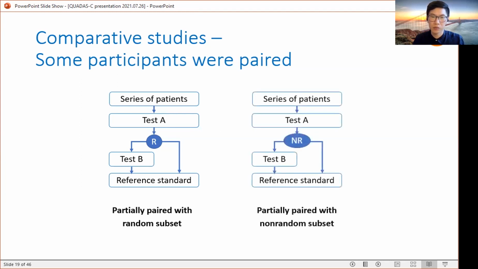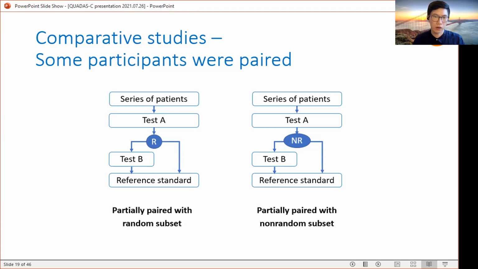But you can have the same design, but then instead of randomization, a different mechanism to allocate patients to test B or just a reference standard. We call this partially paired with a non-random subset. Now here, just like the unpaired non-randomized study, because there's no randomization, we cannot assume that people getting test A and people getting test B are comparable in terms of factors affecting test accuracy.